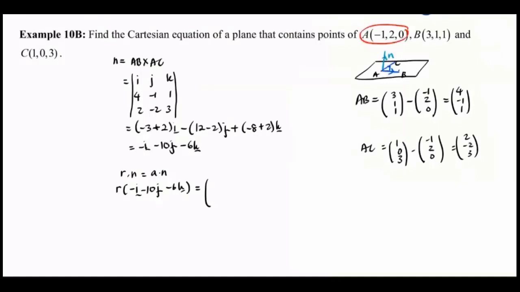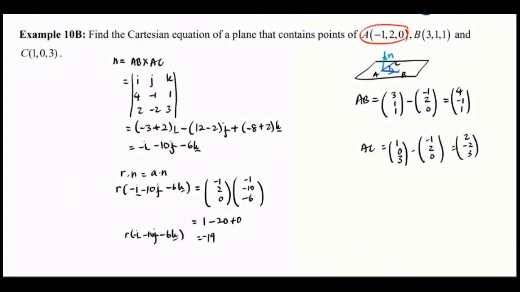It will be negative 1, 2, 0 dot negative 1, negative 10, negative 6. So we're going to have 1 minus 20 plus 0, which will be negative 19 here. So R dot negative I minus 10J minus 6K equals negative 19.